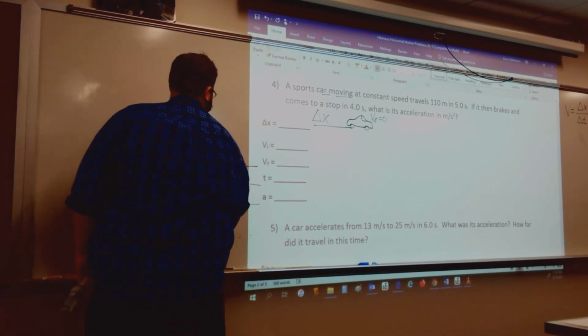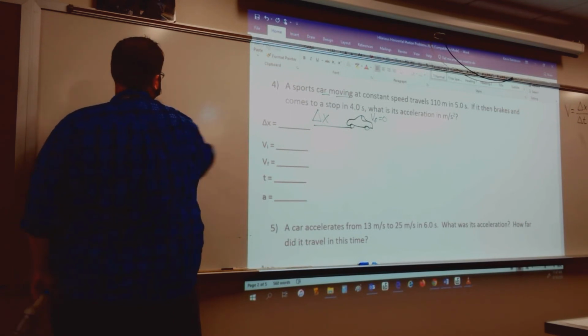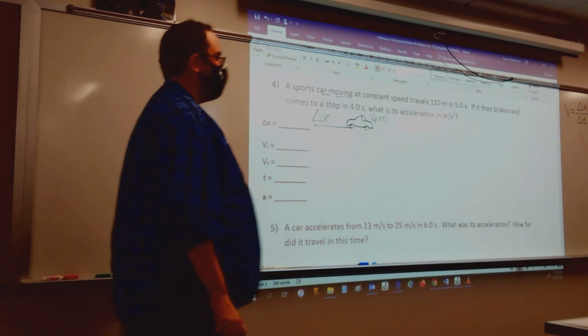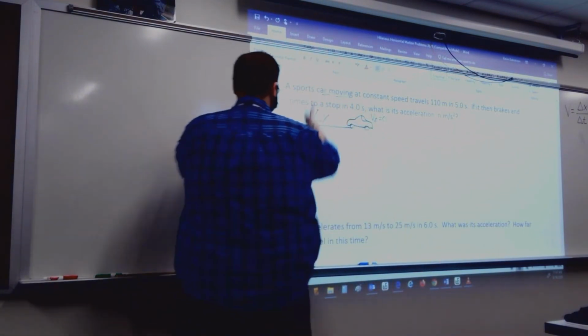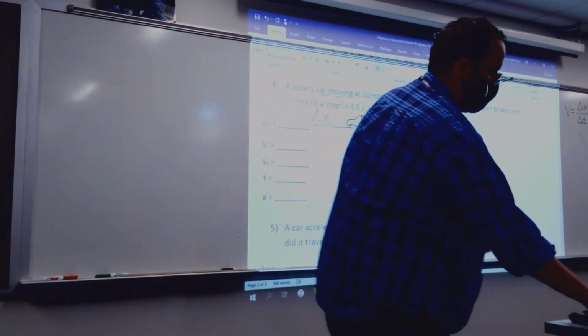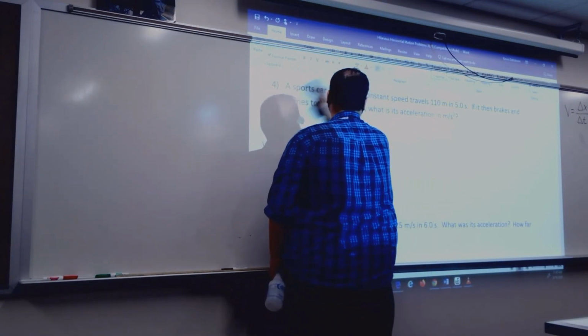The idea about building this frame, well, this seems kind of excessive. But when we start adding in more variables, not only are we moving sideways, but we're moving up and down at the same time, it's going to be really nice to have a framework of what's going on horizontally and what's going on vertically.